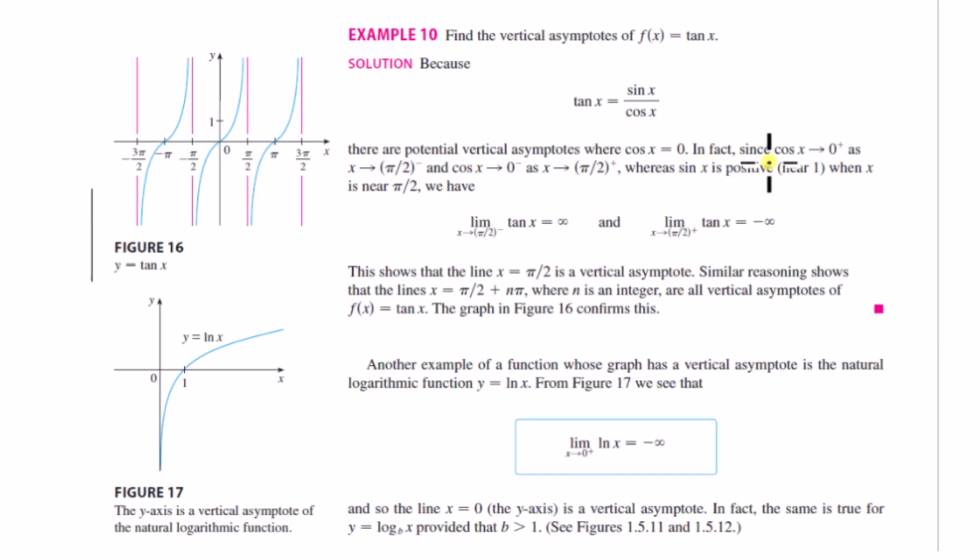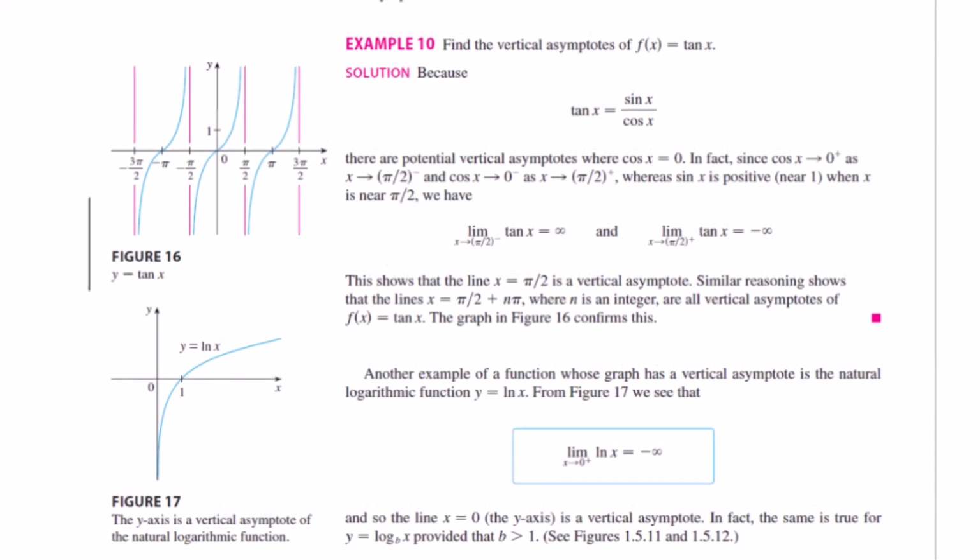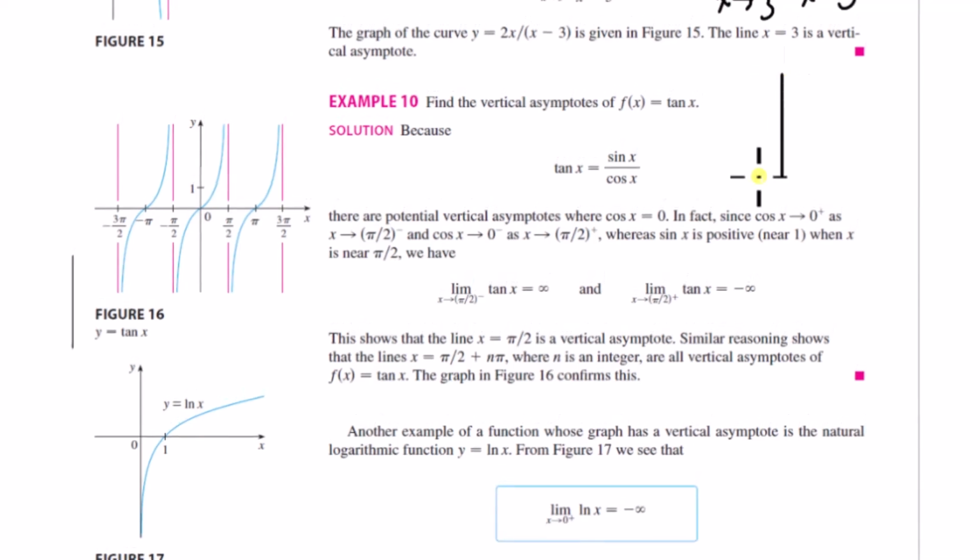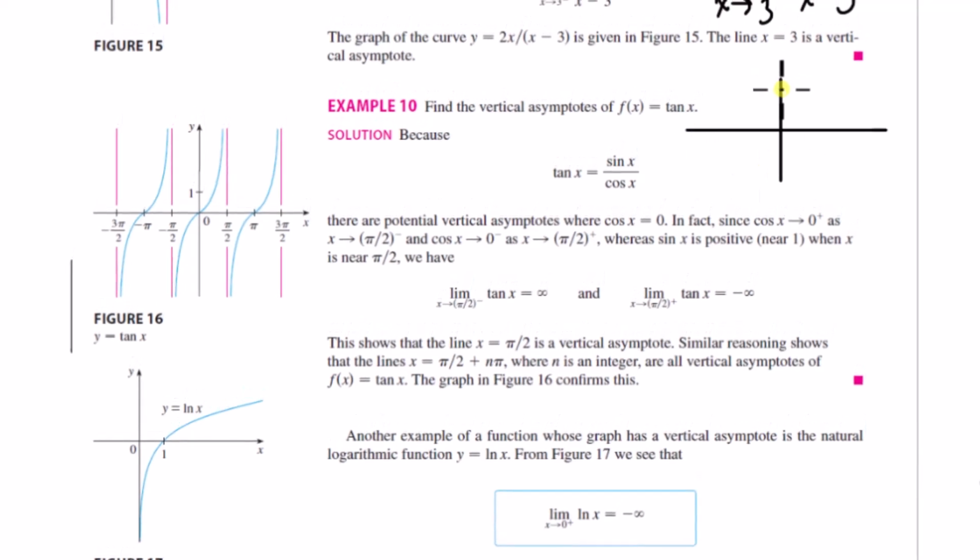In fact, since cosine of x approaches 0 from the right side of 0 as x approaches positive pi over 2 from the left side of pi over 2. So what they're saying is that if we think about cosine, you've got a period of 2 pi, half a period is pi, so this is pi over 2.